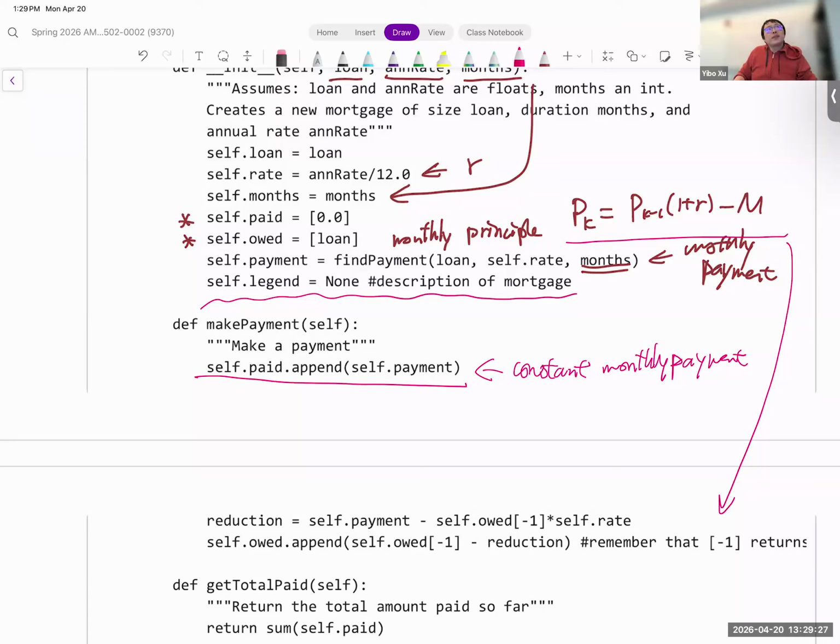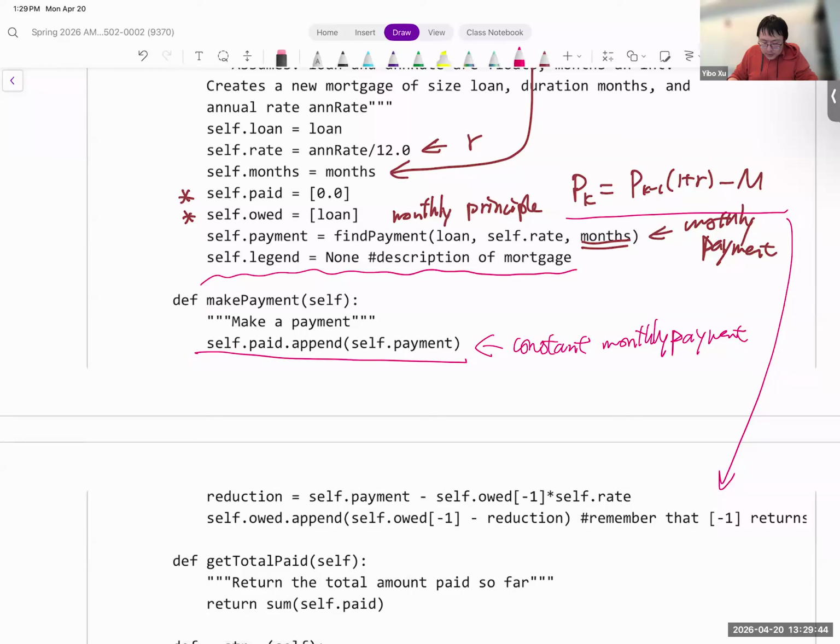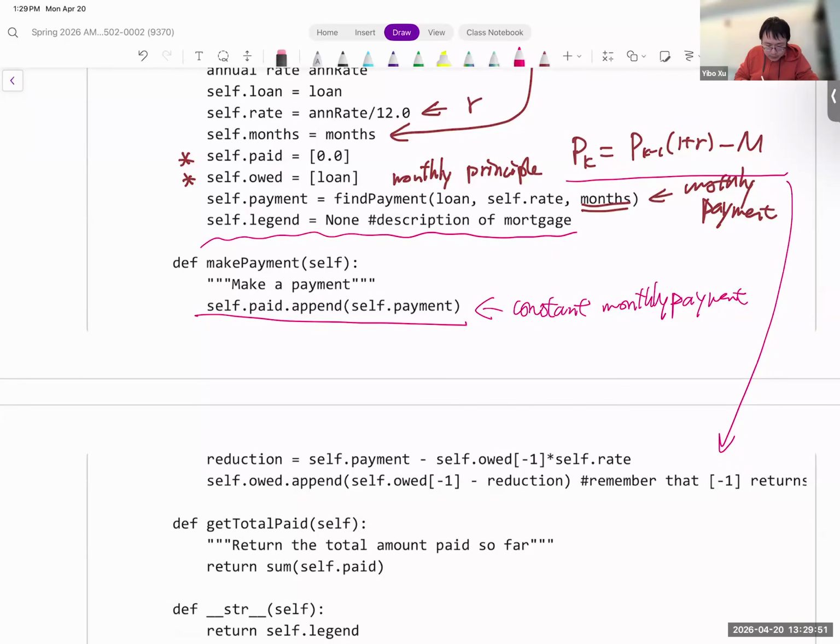So this is not really trivial, which is why they set up these two sequences, and later you're going to see a few figures that are printable from the data. But here, the monthly payment is just appending the same constant, but realize that the principal here, self.owed, is the previous principal.